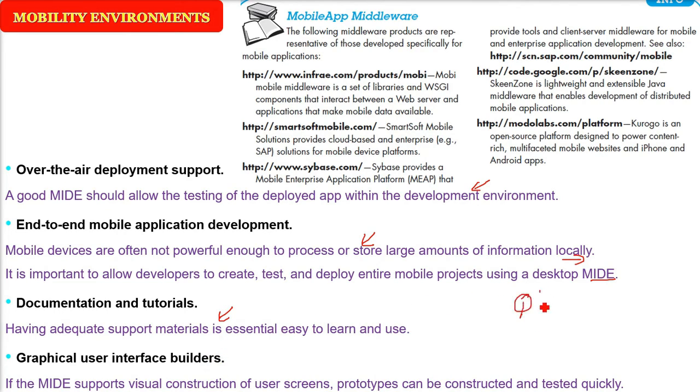Qt became popular because we are able to design good user screens. We can construct the prototype and test it quite quickly with a graphical user interface builder. So these are the criteria to choose a MIDE as Yuan has suggested.